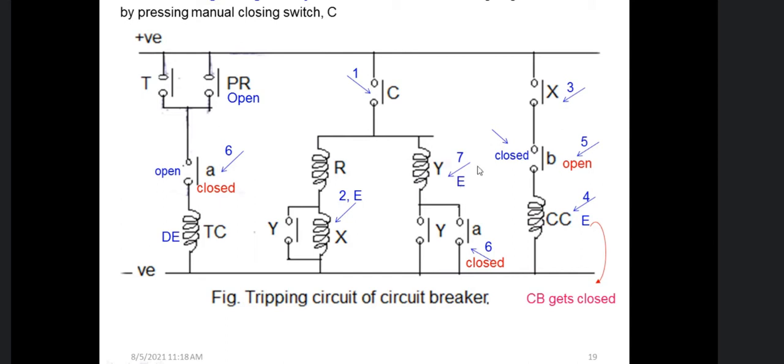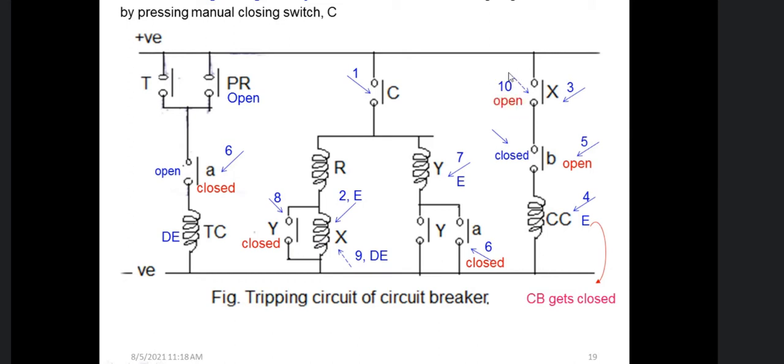If the Y coil is energized, it will close this contact. If this Y contact is closed, that means the X coil will be bypassed, that is, de-energized. If it is de-energized, no further closing of contact X is possible, so it will be open.